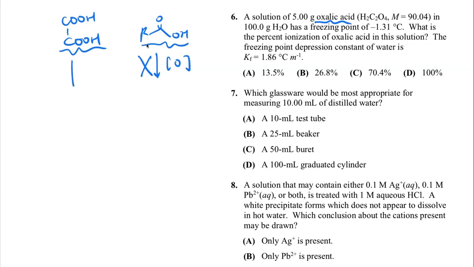But this one, I believe you all know, if you use the acidified permanganate, there is a reaction, right? What is the product of oxalic acid after the oxidation? It's carbon dioxide, right? So we can have a brief look at the oxidation number of the carbon in the oxalic acid. It's not hard for you to figure out.